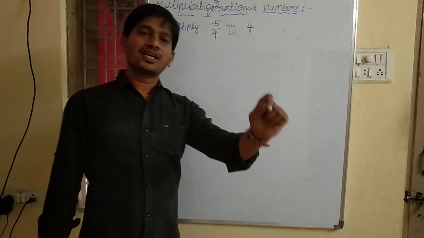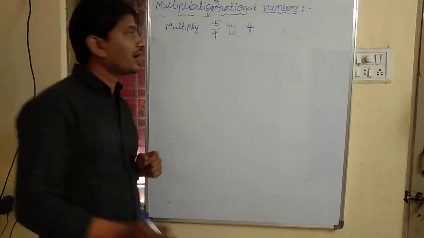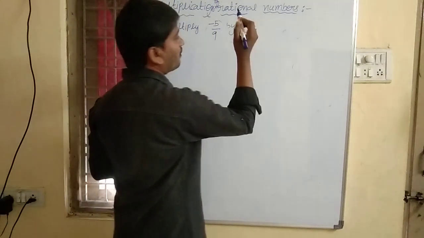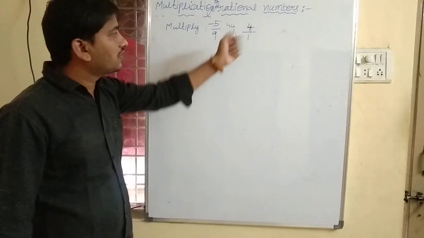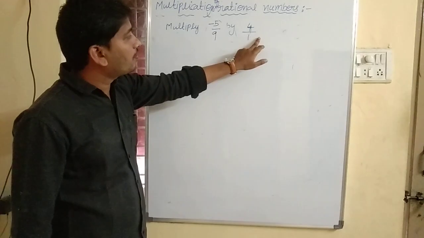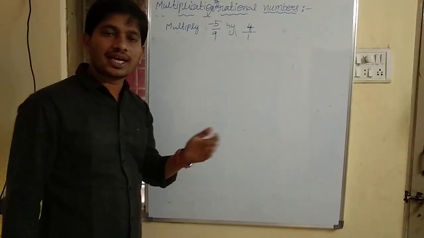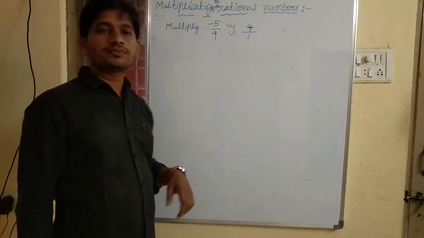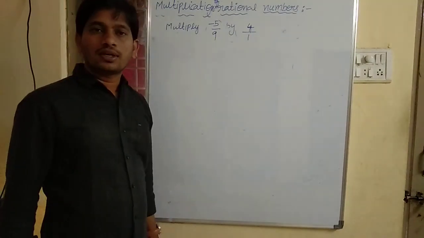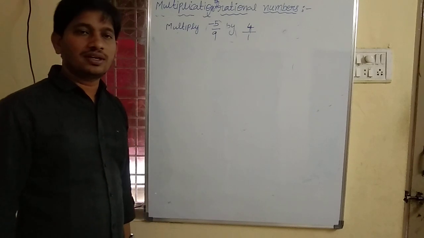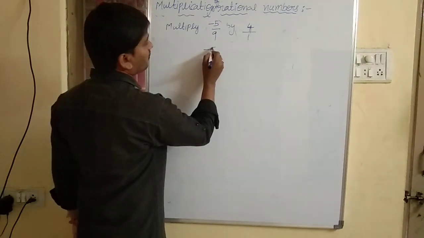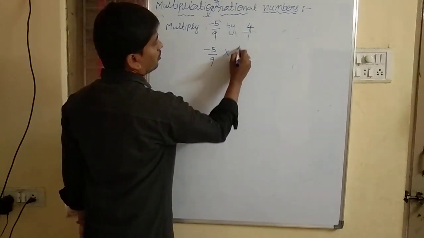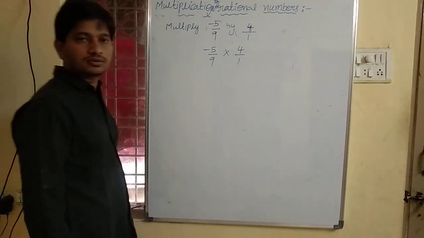All integers are rational numbers. 4 I can write as 4 by 1. Now you can observe it is in the form of p by q. Yes, it is a rational number. Both p and q are integers and q is a non-zero integer. Right? So multiply now minus 5 by 9 into 4 by 1.